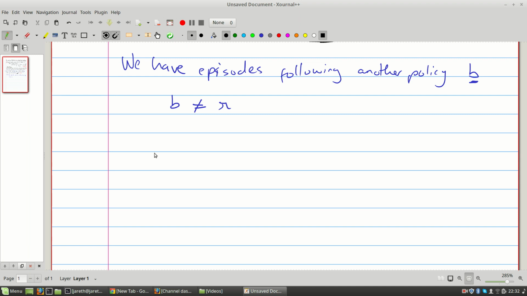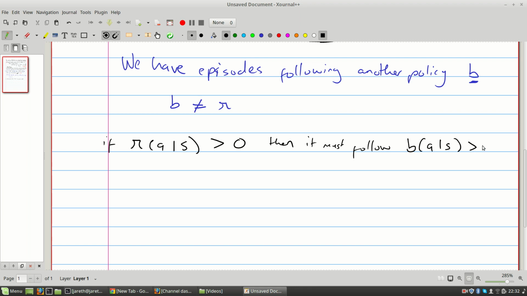But in order to be able to do that, we need to make sure that every action under pi is also taken under B, right? What that means in mathematical terms is that if the probability of an action A given some particular state S is greater than 0, then it must follow that the probability b(A|S) should be greater than 0.